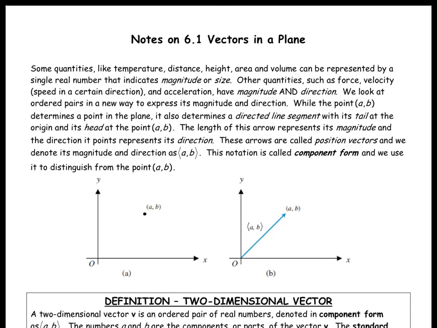Okay, so one of the first things that we're going to do is learn how to represent a vector. In the past in math, we've dealt with things like temperature, height, and area, which are represented by one number. If you have 24 square units of material, that tells you that's an area and how much area it's going to cover.